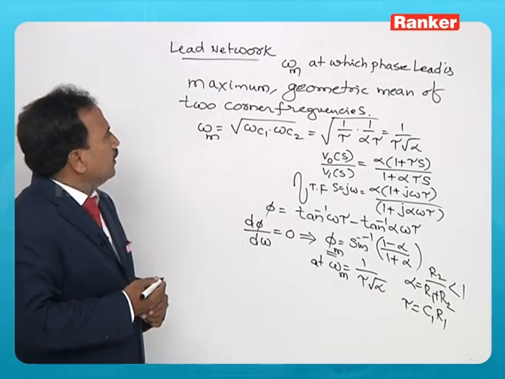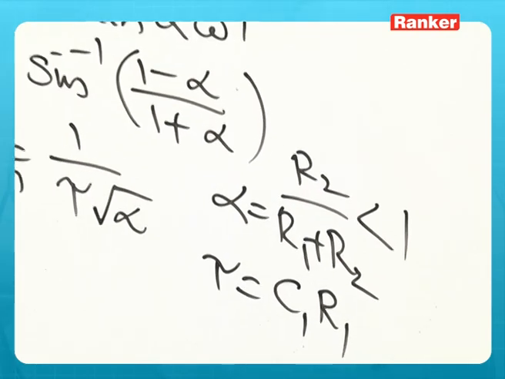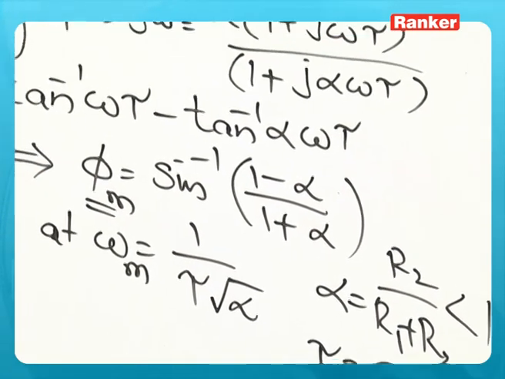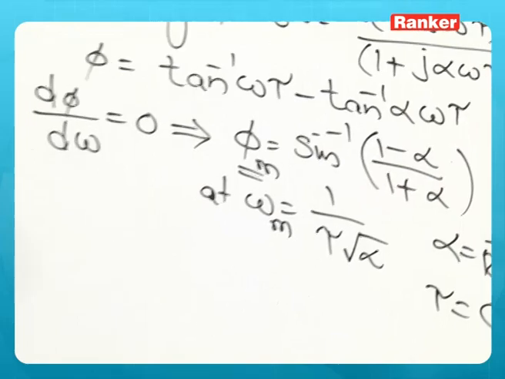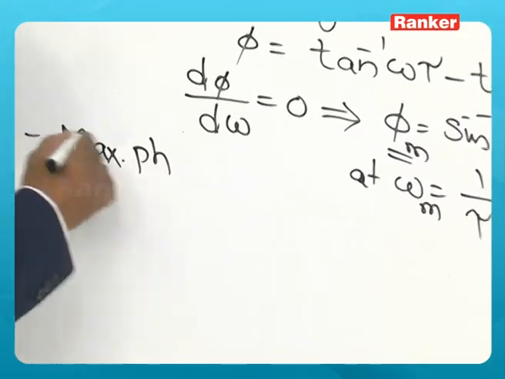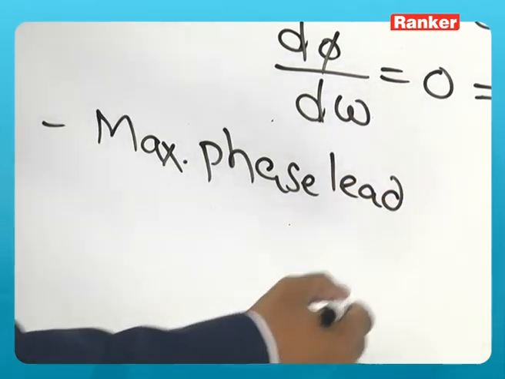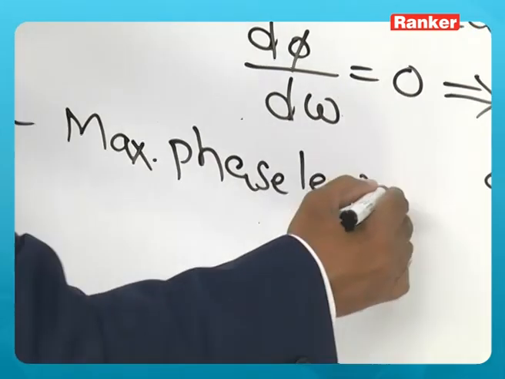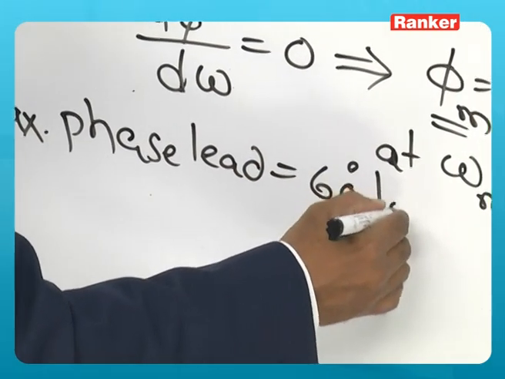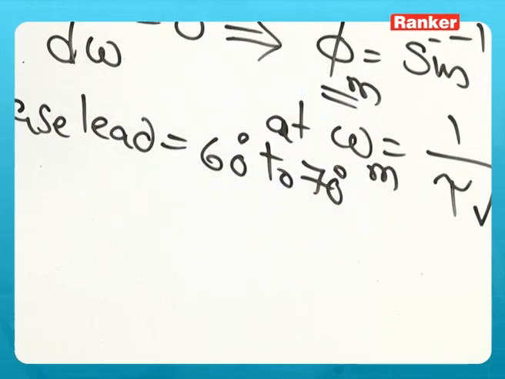The maximum phase lead given by the lead network is around 60 degrees to 70 degrees.